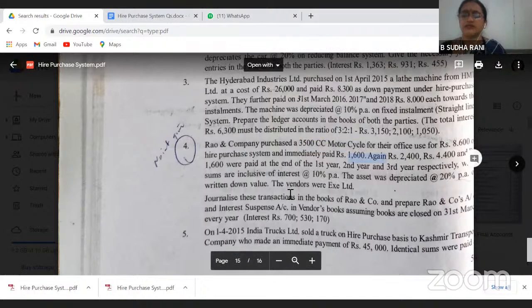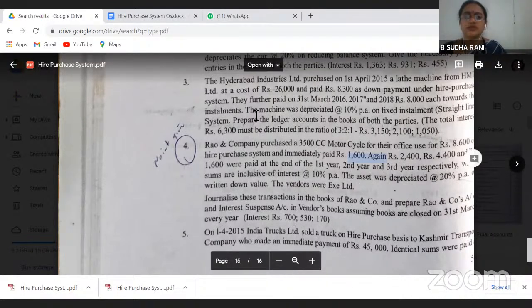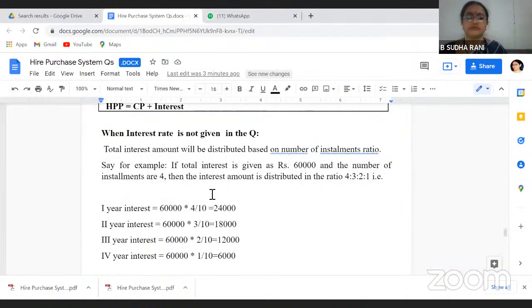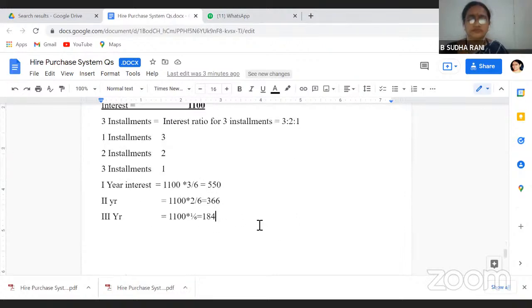Down payment 1,600. Three installments 2,400, 4,400, and 1,600. So let us take that. Question 4, page 56.